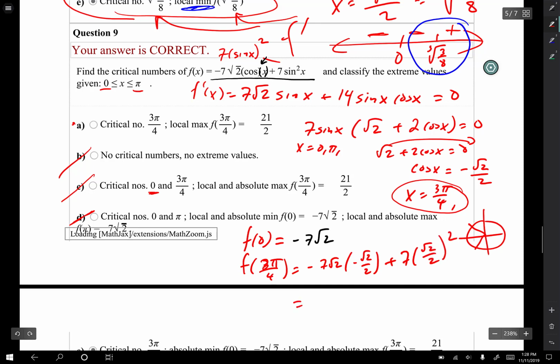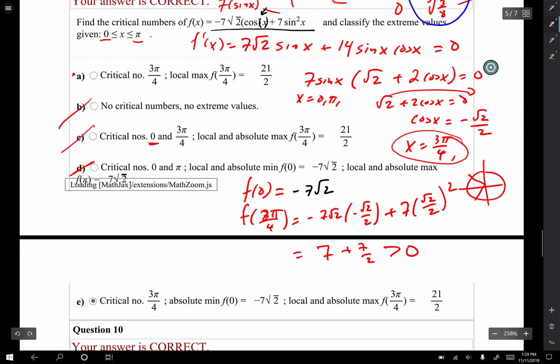So let's see what that is. That turns to a positive. 7 times 2 is 14, divided by 2 is back to 7. And then here, when you square it, you have 2 over 4, which is half. So plus 7 over 2. That's some positive number. So hold on to that thought. Maybe we'll calculate what that is if we have to.